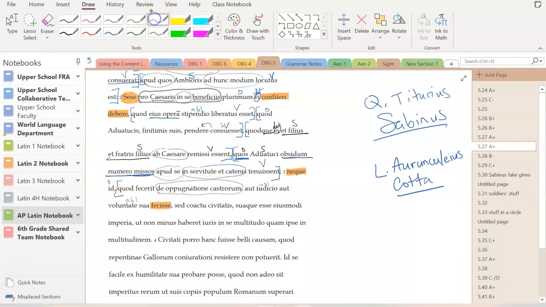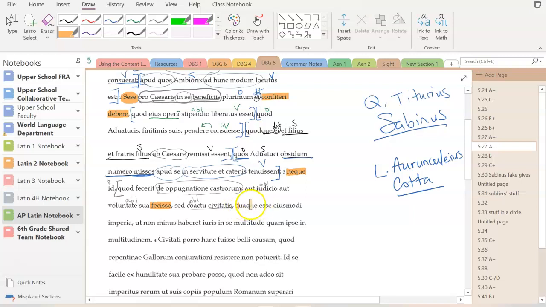So he hadn't done it either by judicio or by voluntate sua, but by the coactu, and then you put that genitive with it of the civitas, right? Suaque looks like an accusative, and esse is an infinitive. And eius modi, genitive, will put it with the sua imperia, again, an accusative and an infinitive.